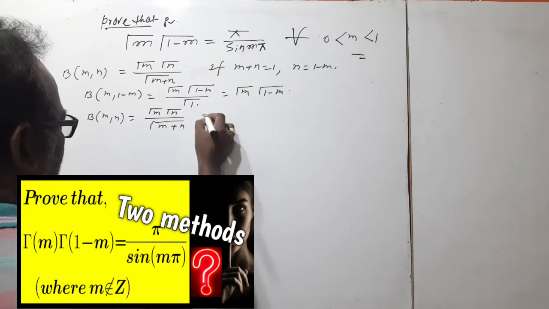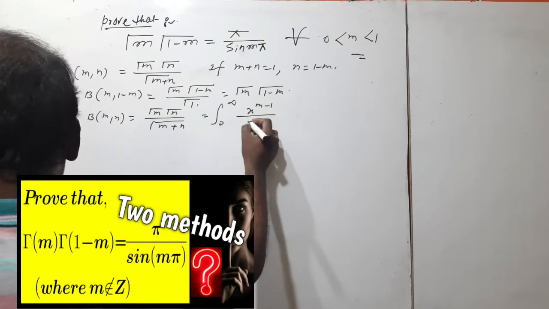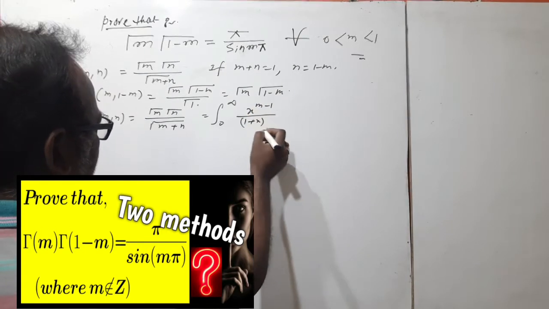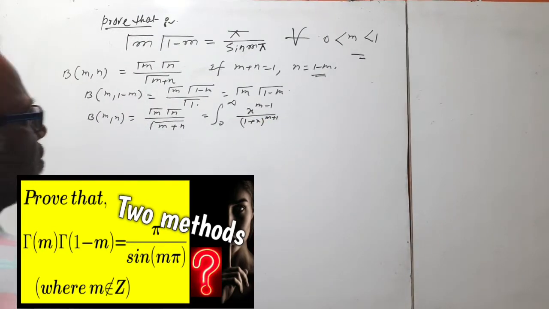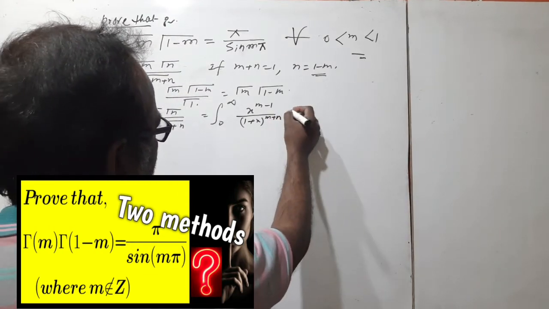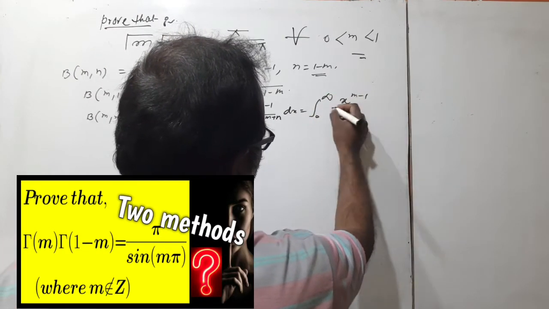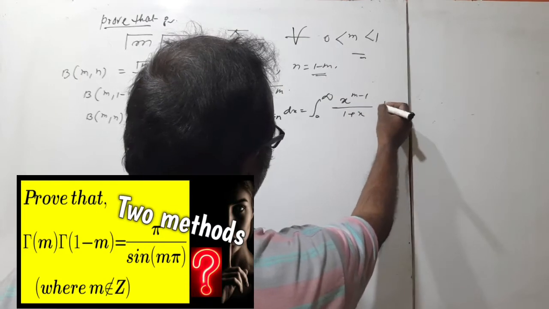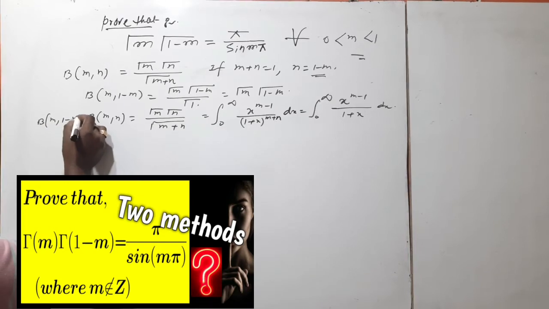This is the formula here from 0 to infinity of x to the power m minus 1 over 1 plus x to the power m plus n. If m plus n is 1, then this is from 0 to infinity of x to the power m minus 1 over 1 plus x dx. Okay, so then we get beta m comma 1 minus m actually.